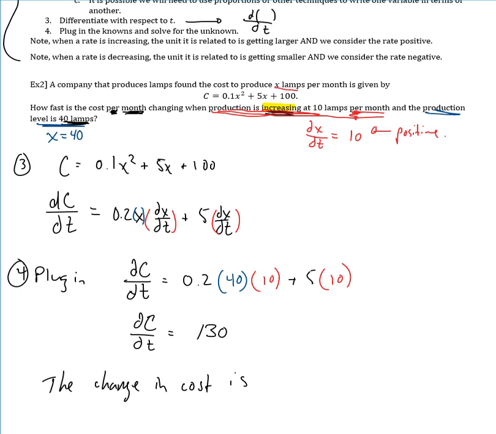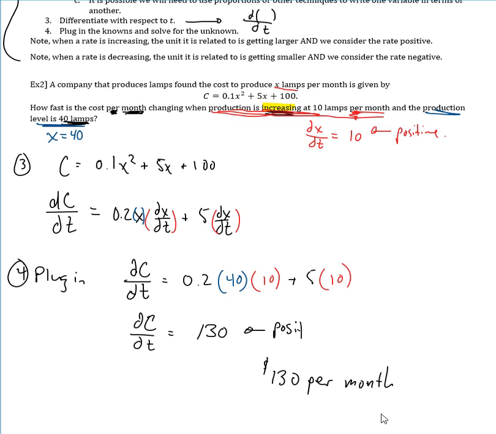So the change in cost is $130 per the time unit, so per month. Oh, oops, I forgot one word, sorry. The change in cost is increasing. Because it's positive, let's put that here too. It's positive, so that means the rate is increasing.